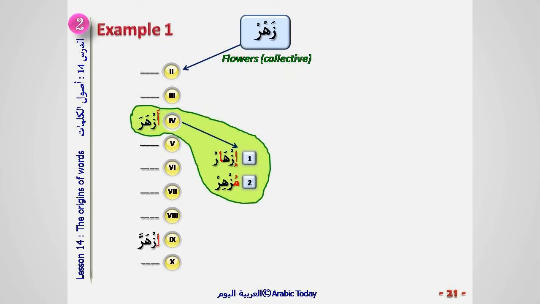From the derived verbs, we can derive nouns using the patterns of the verb-based derivational model seen earlier. In this example, we have derived the verbal noun إزهار and the active participle مزهر.